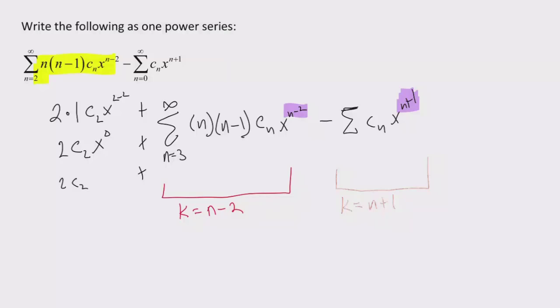Okay, so let's combine that and see what happens. We got our 2c2 term from the beginning there. And instead of starting here at n equals 3, this would put me starting at k equals 1, since 3 minus 2 is 1. And that would give me an n, an n minus 1, c sub n, and x to the k.